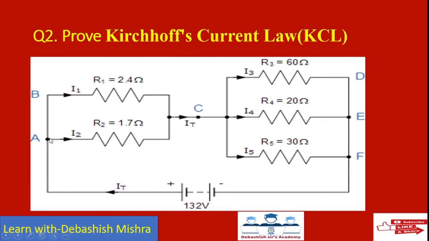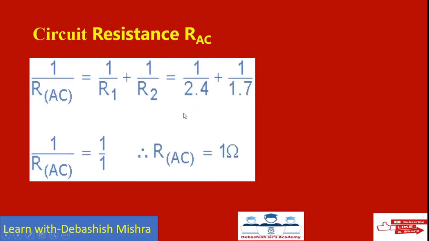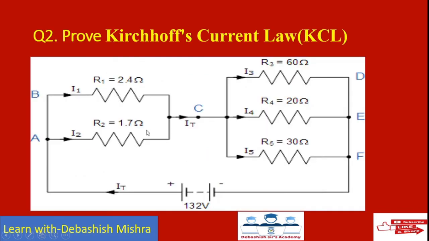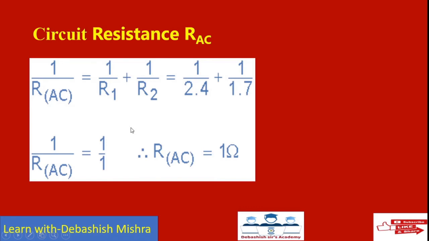R1 and R2 are in parallel, so R equivalent will be 1 by R1 plus 1 by R2, that is 1 by 2.4 plus 1 by 1.7, and you will get RAC equal to 1 ohm.